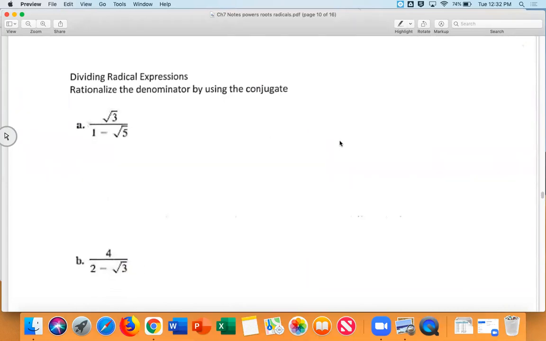Right? So all of that conjugate stuff is important for rationalizing the denominator. So if I need to rationalize the denominator, which are like these problems right here, I'm just going to multiply by 1 plus root 5 over 1 plus root 5.